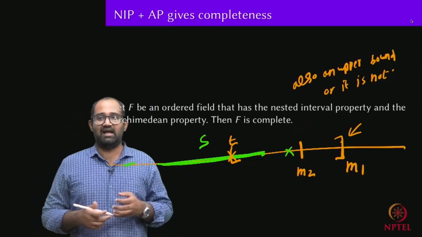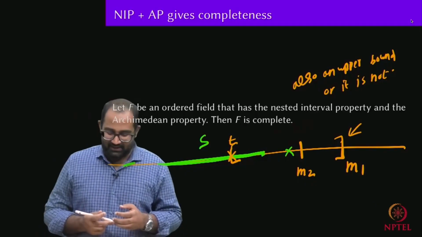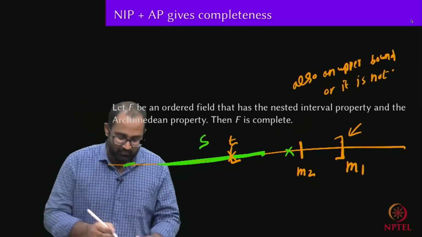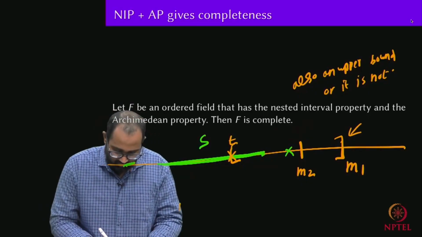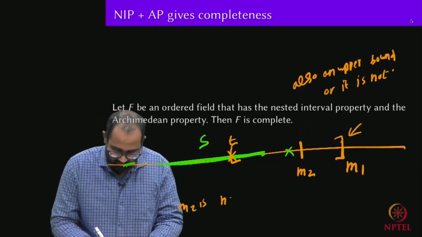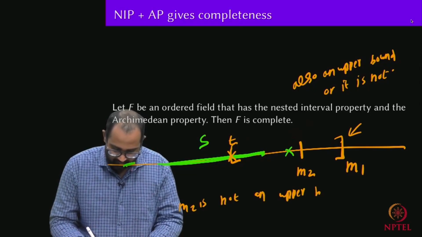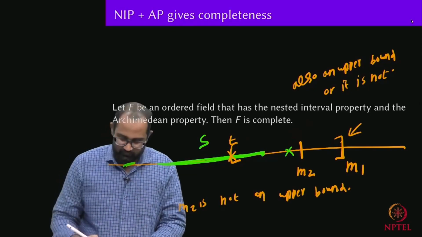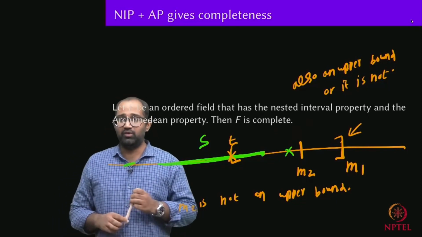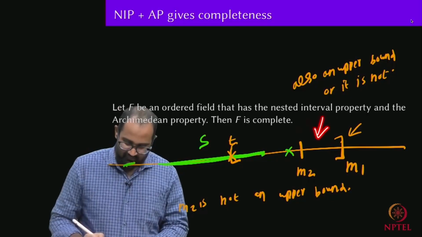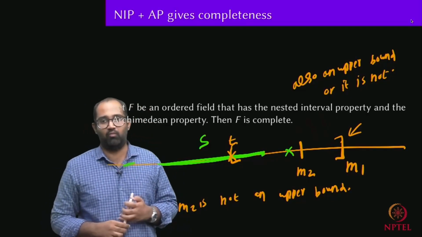Now, what is the other property? The other property is if it so happens that M2 is not an upper bound. If M2 is not an upper bound, you consider this interval M2, M1.